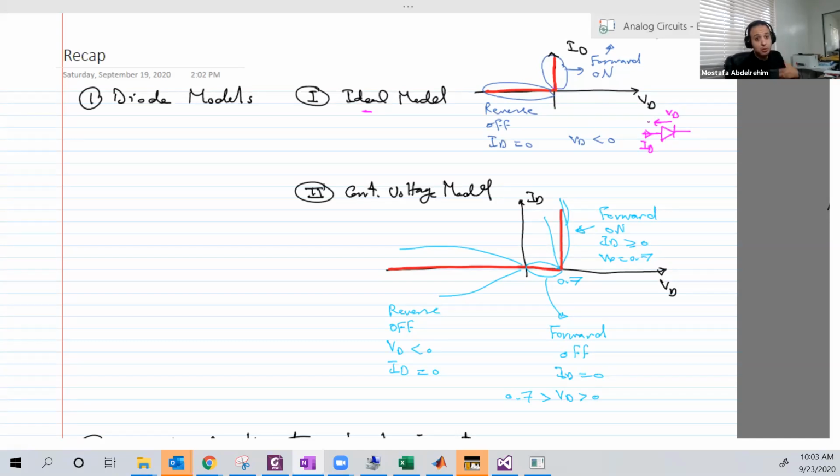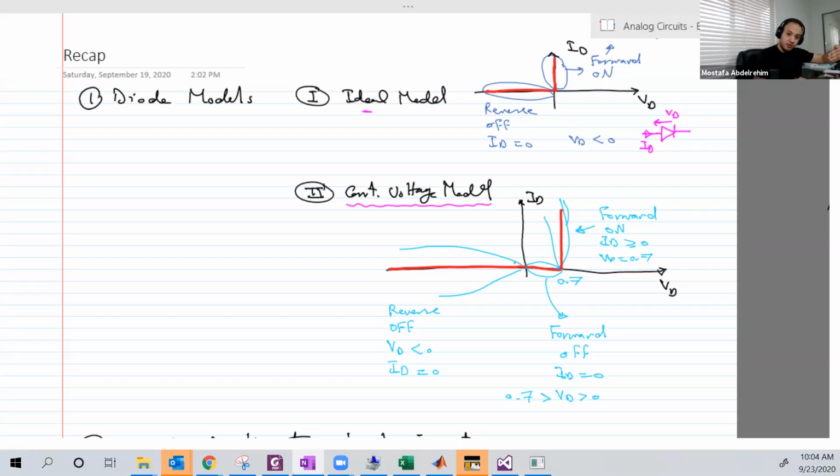Then we explored a more important one, which is the constant voltage model. And in that one, we can look at it again as two regions. In the reverse bias, the current again is 0, just like the ideal model. And the voltage again is negative from 0 to minus infinity.